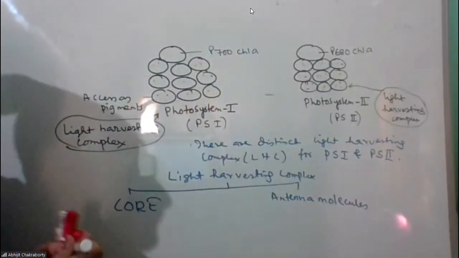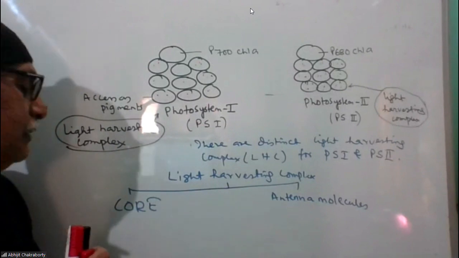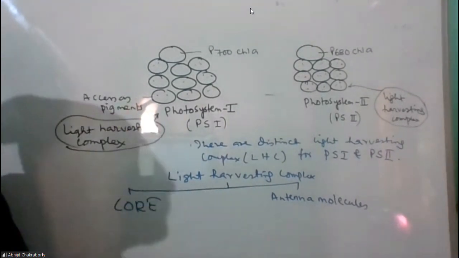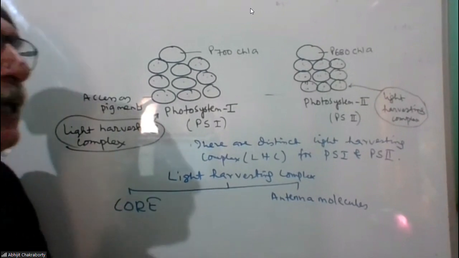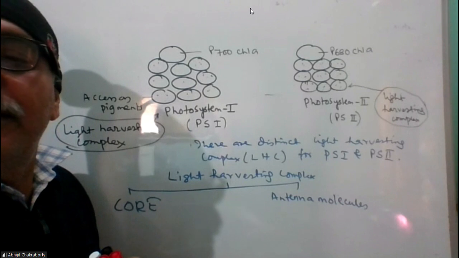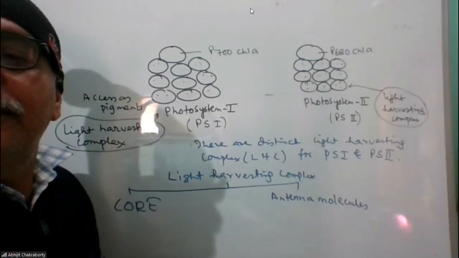In both these light harvesting complexes, one is actually the center, which is the core, the other is in the periphery, which is the antenna molecules. Core molecules means the reaction center chlorophyll molecule. Is it clear up to this?